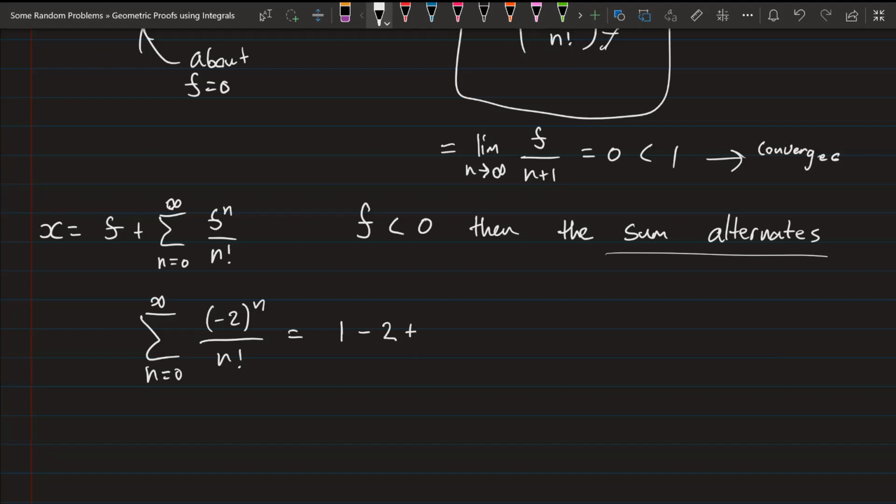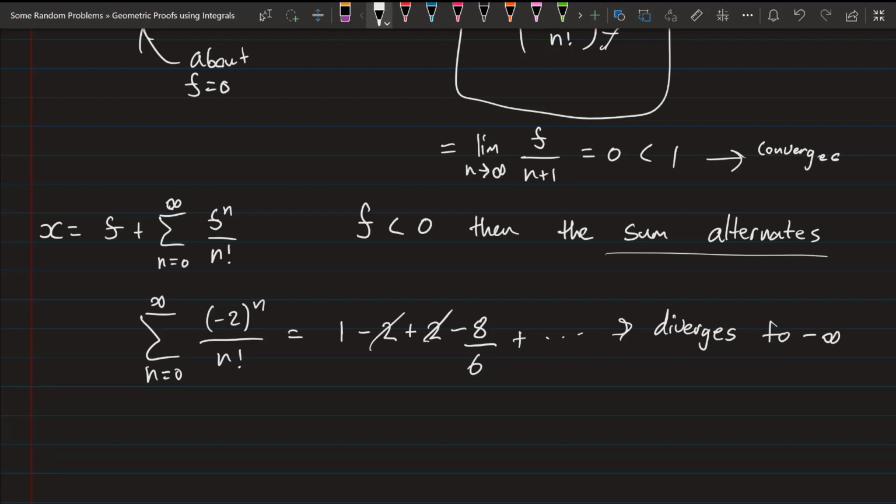We're going to square it, we get 4 over 2, which is 2. And then we get a minus of the cube of 2, so minus 8 divided by 3 factorial, which is 6, and so on. That diverges, and in fact it diverges to negative infinity.